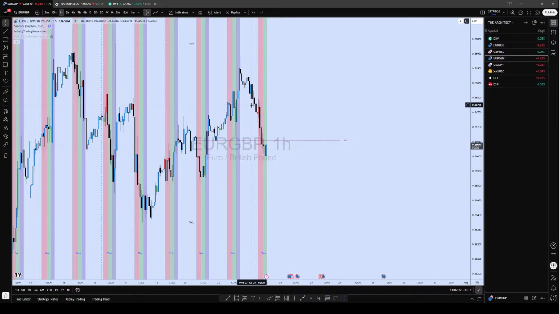Euro pound, what has happened now is what I was expecting yesterday, but that didn't happen yesterday. Price has done it today. So I'm expecting the previous week low to be the draw on liquidity. As it stands, watch this London session gap here.